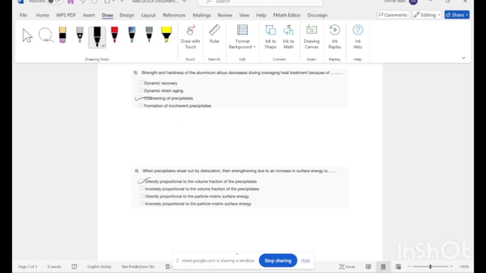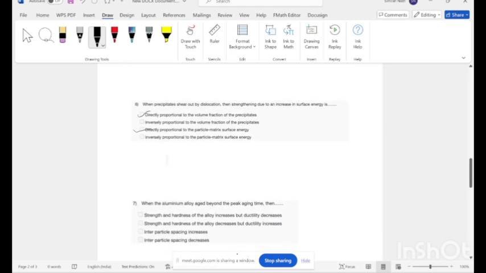One more answer is correct in the question. It is a multiple select question, so choose one more option. Directly proportional to the particle-matrix surface energy increase. Yeah. As surface energy increases, the strengthening also increases.